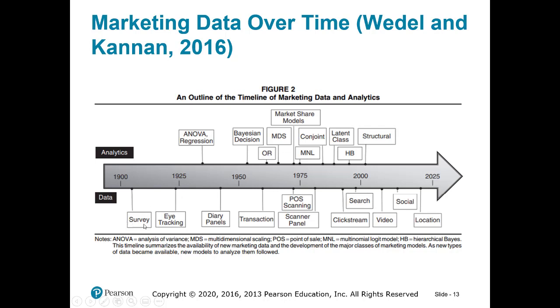But you can see the evolution of data ranging from surveys in the first part of the 20th century, very basic eye tracking, looking at eye movements, panels, beginning to analyze transaction data in these newly available corporate computers in the 60s and the 70s, supermarket scanner data, scanner panels such as Nielsen, where people scan their purchases, and now to the modern era where we have search data, web clickstream data, video, social, and location data.